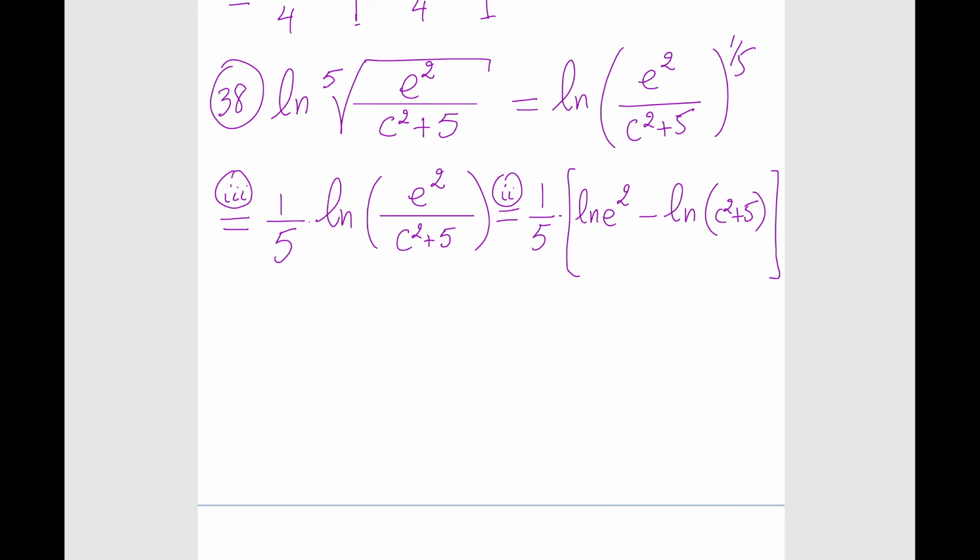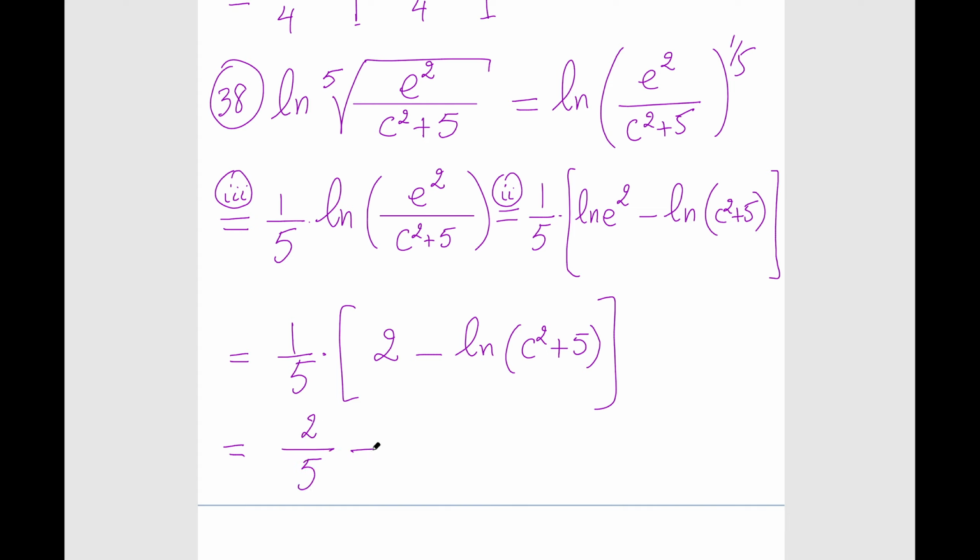So this is 1 over 5 times 2, minus ln of c squared plus 5. If you distribute the multiplication over subtraction, you get 2 over 5 minus 1 over 5 ln of c squared plus 5. Correct?